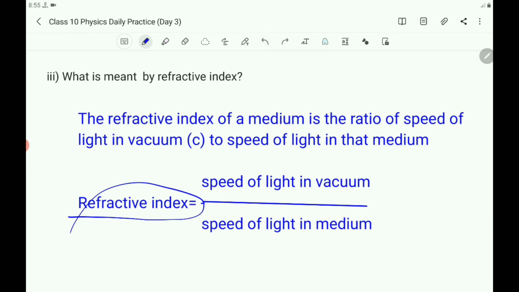That is the refractive index of a medium. So write the definition that the refractive index of a medium is the ratio of speed of light in vacuum to speed of light in that medium. So you can write refractive index equals speed of light in vacuum divided by speed of light in that medium.